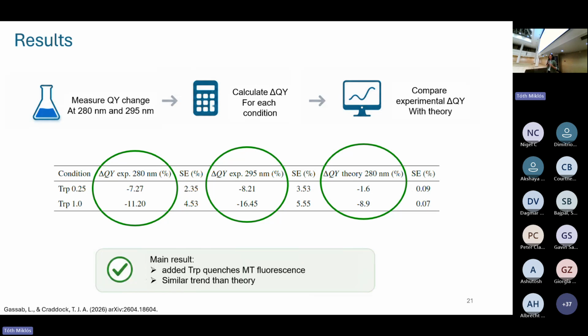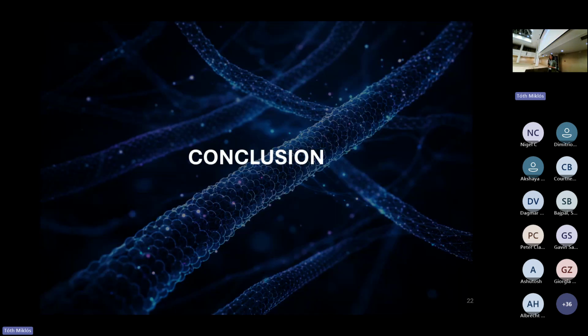So this was an interesting result that added tryptophan can quench this microtubule fluorescence. And it was a similar trend to theory, so we want to move this forward and maybe add other elements than tryptophan. Here it was easier to add tryptophan because our starting network was already tryptophan, but we could go forward with this.